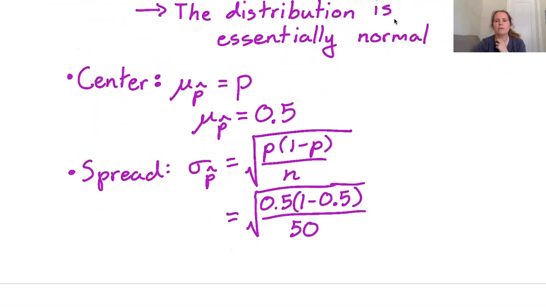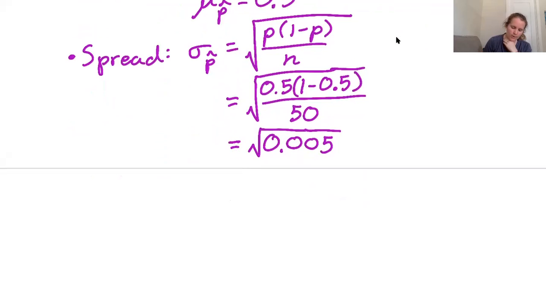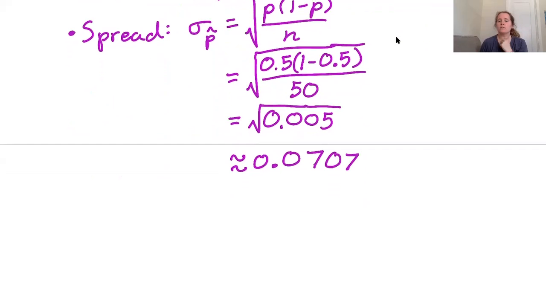If we do this calculation, we are looking at the square root of 0.005, or approximately 0.07. I'll go out a little more, 0.0707. So this is our standard deviation. We have shape, center, and spread.